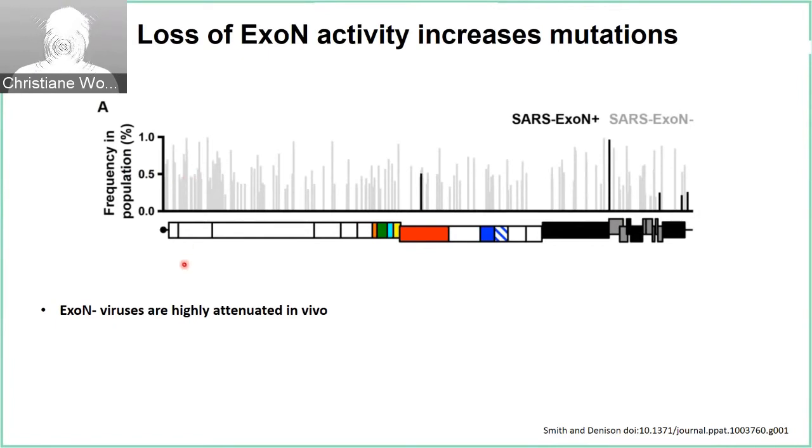And as you might imagine, viruses that have many mutations are very attenuated in vitro as well as in vivo. And so targeting exonuclease activity is one of the antiviral strategies that is being employed to develop antivirals.